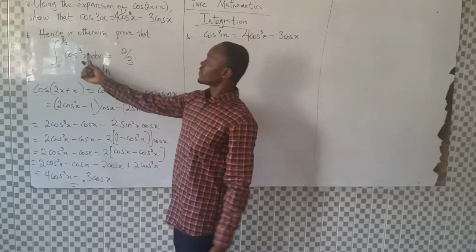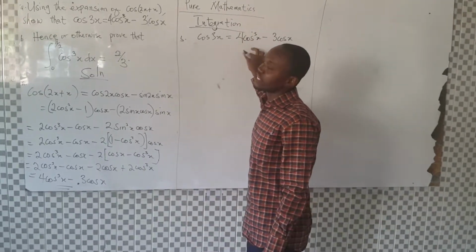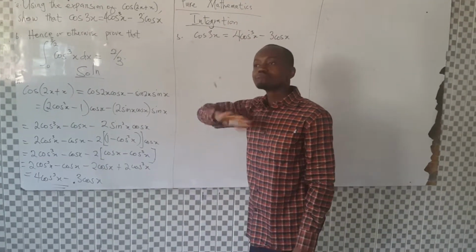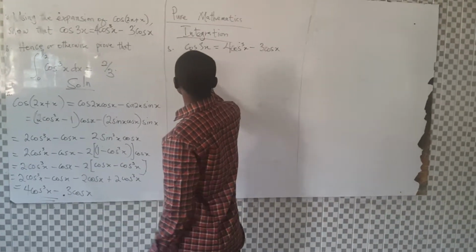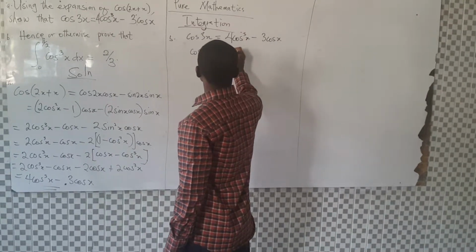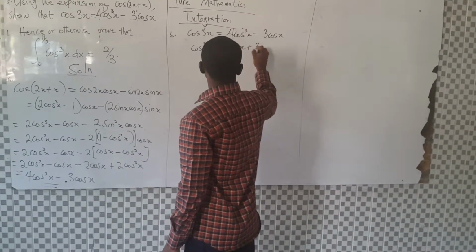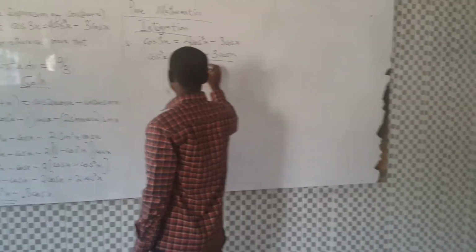Because we are looking for this, we can make cos³x the subject and then try to go somewhere with that. By so doing, we're going to have cos³x to be (cos 3x plus 3cos x) all over 4.